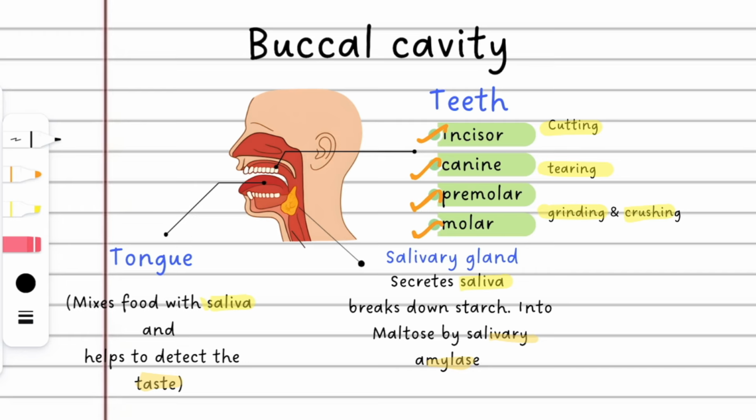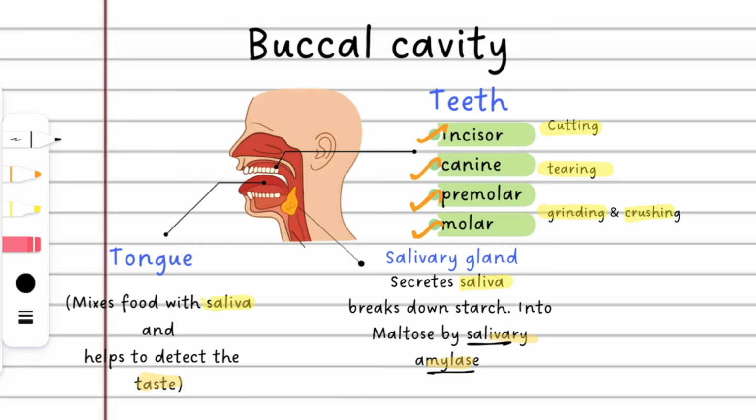Salivary amylase helps to break down starch into maltose. Starch is a polysaccharide and maltose is a disaccharide. Both are carbohydrates. So the partial digestion of carbohydrate starts here, not the full digestion, because carbohydrate needs to break down more, and this will be done in the further parts of the alimentary canal.